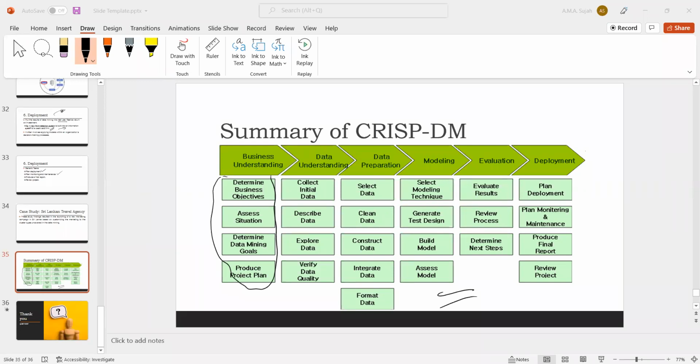You must explain these 6 phases of the cross-industry standard process for data mining with a case study. I will upload how many pages you need to write and what format you need to follow. Everything I will upload in the LMS.